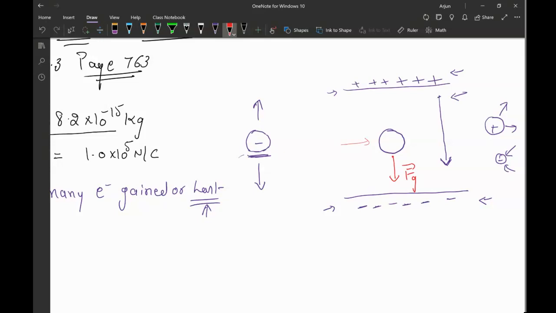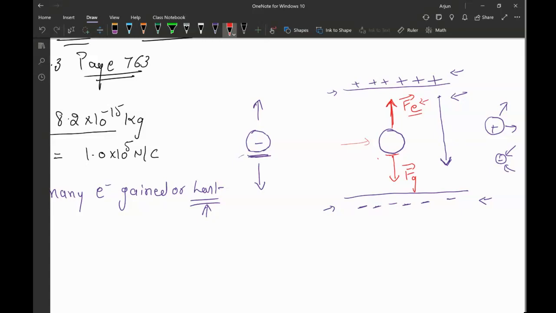So how can an oil droplet stay in the suspended position? It can only stay suspended if the electric force is acting in the upward direction. If the electric force were in the downward direction, then it wouldn't stay suspended. So I must show the electric force in the upward direction.